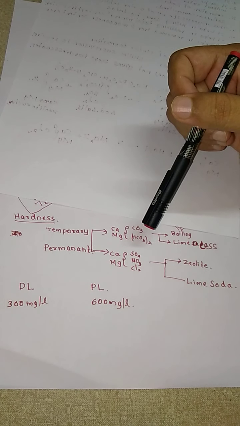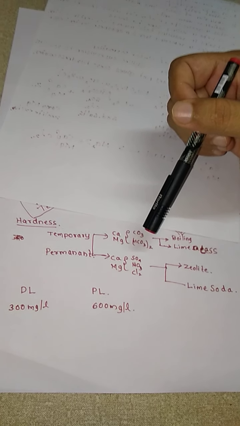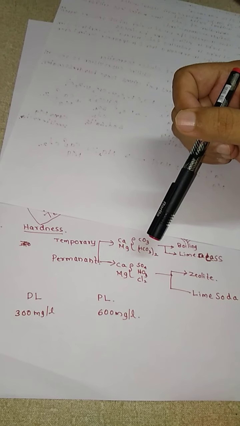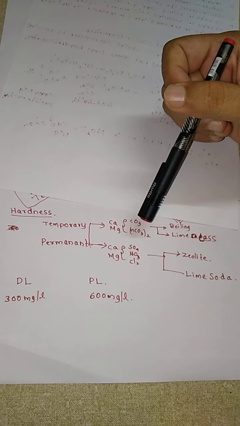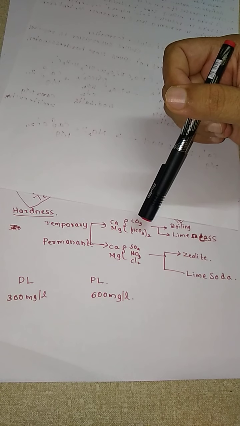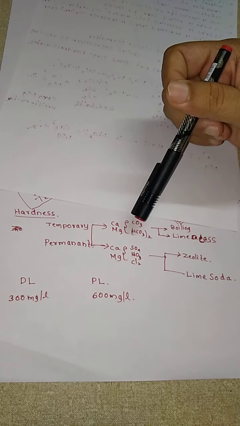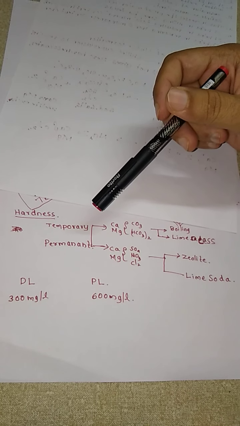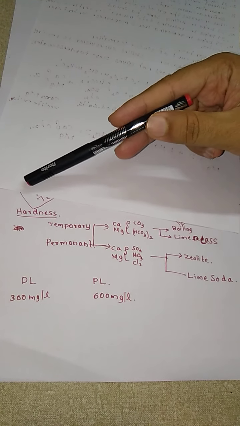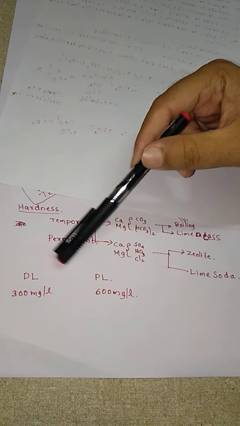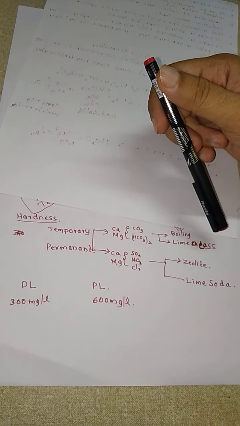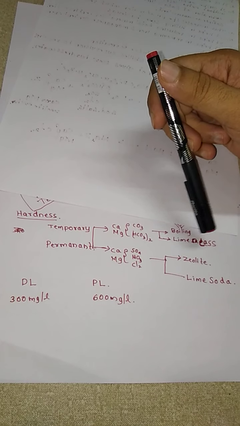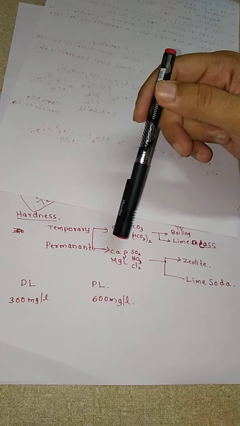If you use it for day-to-day life, such as bathing, then due to the hardness our body may have white scales or white patches created. These are nothing but the salts. This is how hard water creates problems, which we discussed in detail in the miscellaneous treatment, so I won't go into much detail.